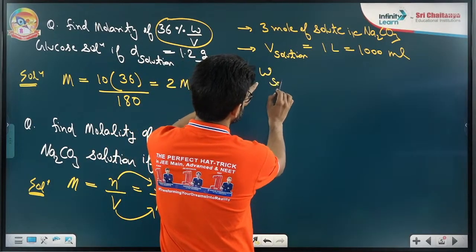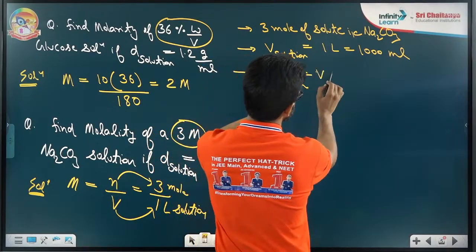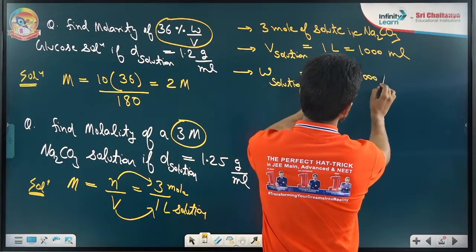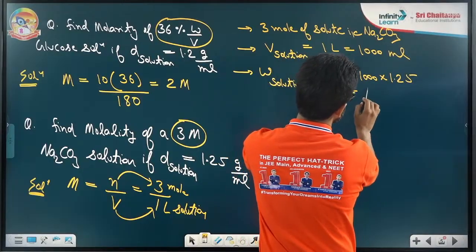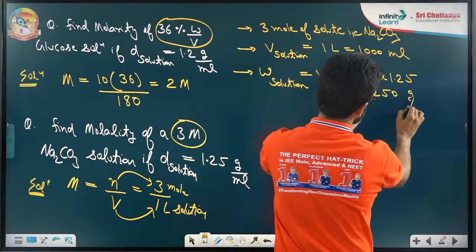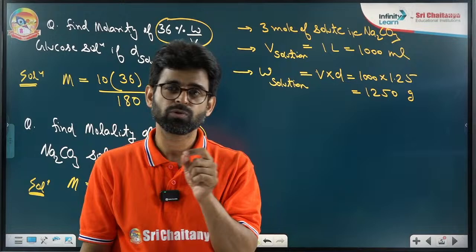What is weight? Volume into density. Volume is 1000 ml and density is 1.25 gram per ml. So from here it is coming 1250 grams. 1250 gram is the weight of solution.